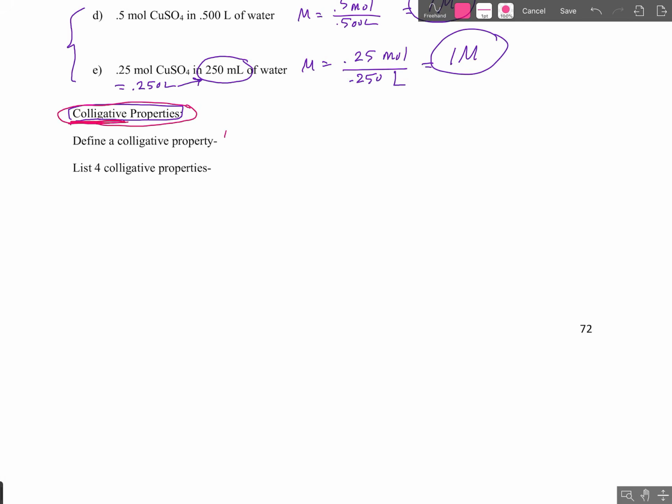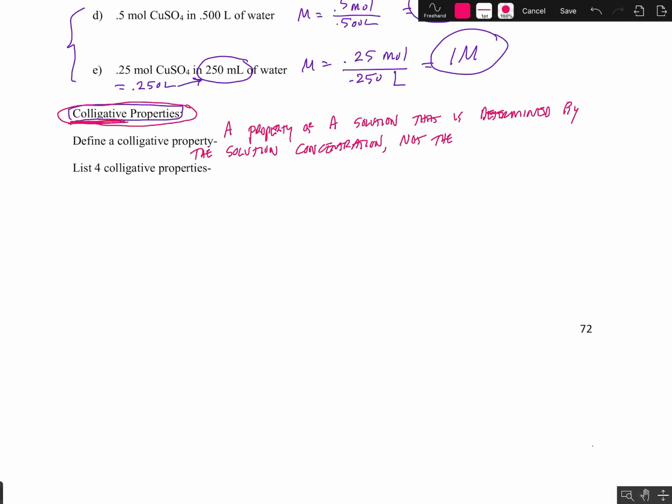A colligative property is simply a property of a solution that is determined by the solution concentration, not the type of the solution. So it's determined by how concentrated the solution is.